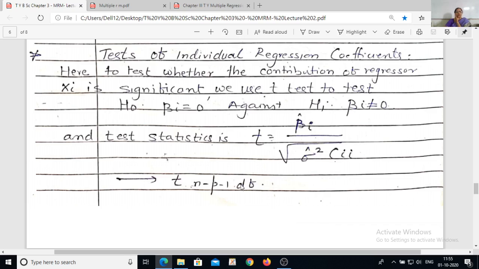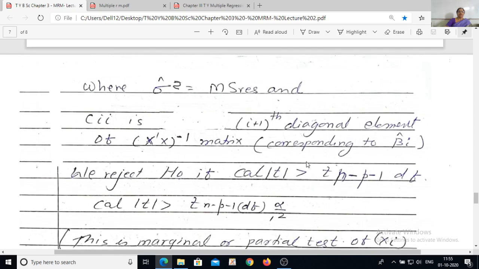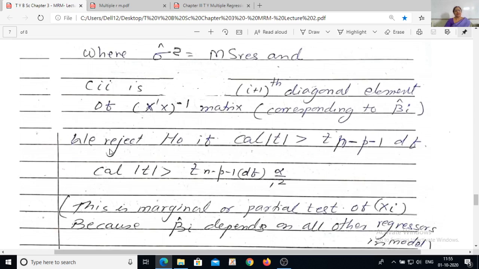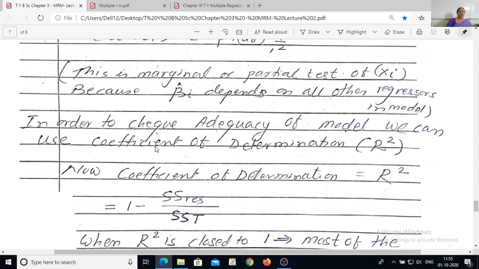This follows t distribution with n minus p minus 1 degrees of freedom, where sigma square cap is estimated by the mean residual sum of squares, and Cii is the i plus 1 diagonal element of the x prime x inverse matrix, which corresponds to beta i cap. So again the same criteria we are going to use, that we reject H0 if the calculated value of mod t is greater than t at n minus p minus 1 degrees of freedom, and this is the rejection criteria.